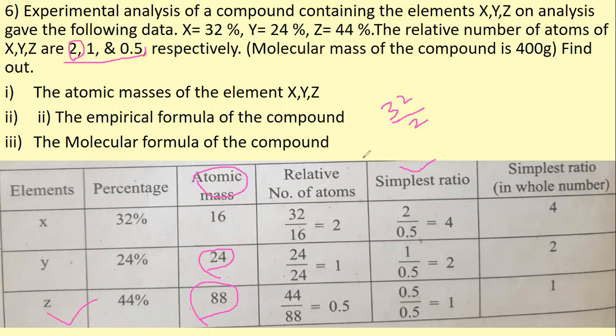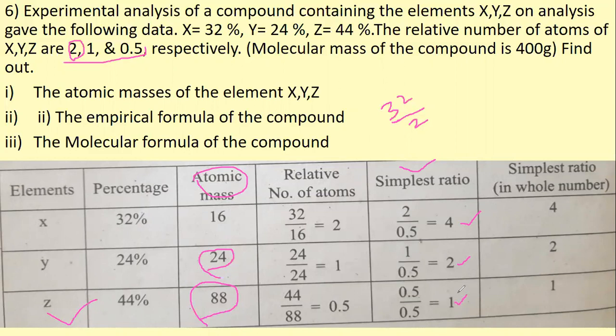So now what we have to do is double the numbers, that is here 2 plus 2 is 4, and here 1 plus 1 is 2. And now 0.5 plus 0.5 is simply 1. We have to double the number.